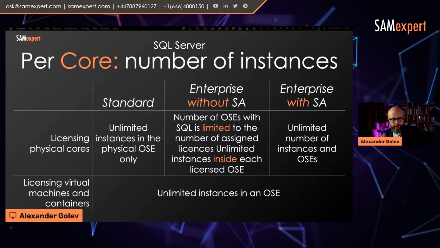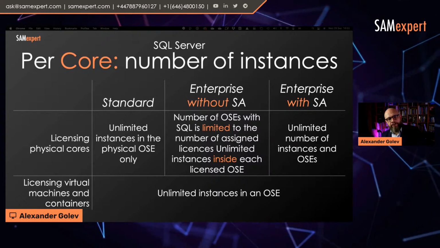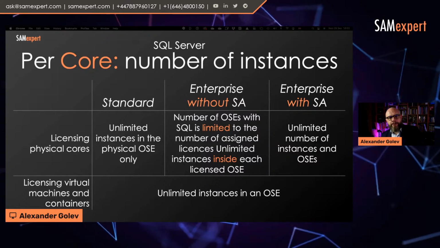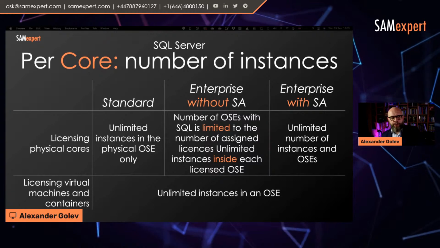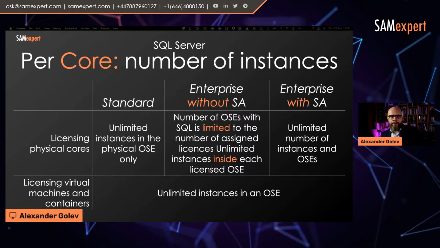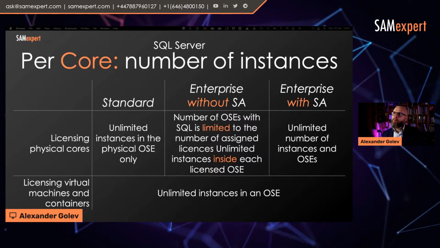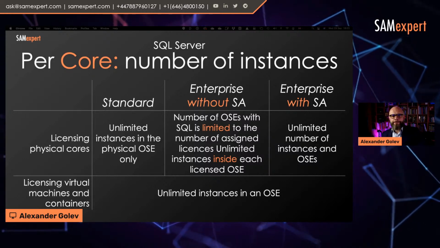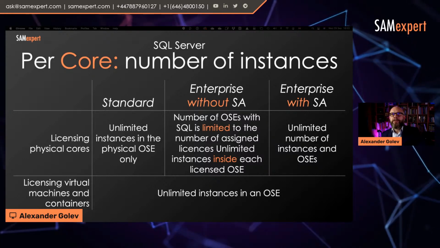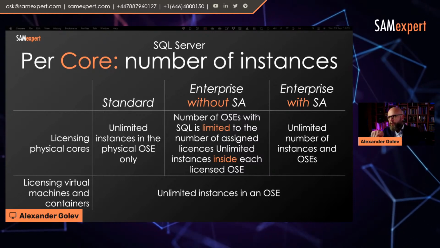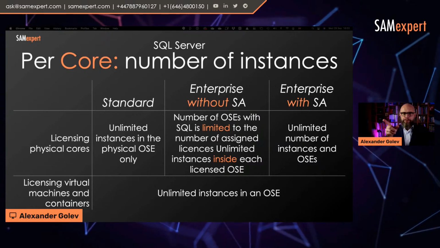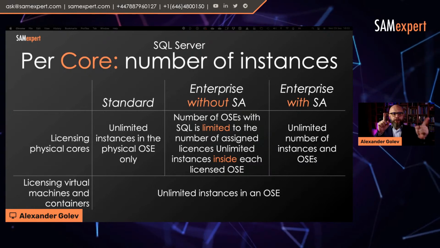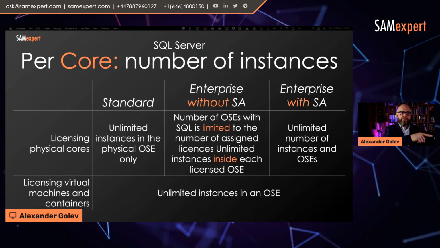For example, SQL Server 2012 and 2014 used to have core factor tables which discounted AMD processors, 6-core AMD processors, just one series. But they were discounted. No more from SQL Server 2016, the core factor table is removed. But if you use the old license and you run an old instance, then core factors still apply to you. Check the product terms that apply to that version.